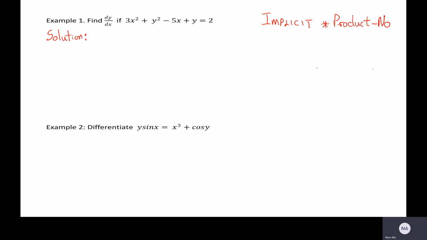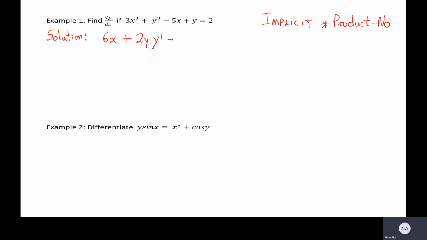Differentiate each term separately. Derivative of 3x squared, 6x. Derivative of y squared, an implicit term, 2y, followed by the derivative of y. In this case, I'm going to use y prime, just so that you can get used to the notation.